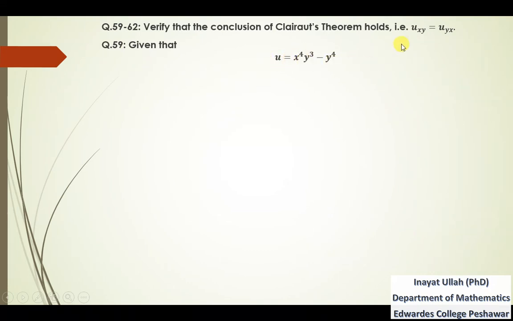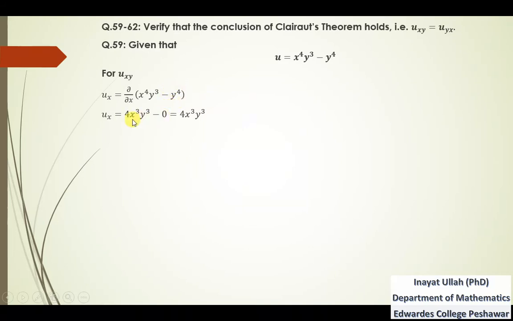First of all, we will find uxy, then we will find uyx and check whether these two are the same or not. So for uxy, first of all we find ux, the partial derivative with respect to x, and then with respect to y. So ux will be equal to the partial derivative of this function with respect to x. The partial derivative of x4 is 4x cube, y cube is constant, and this term is free from x, so the derivative of y4 is 0.